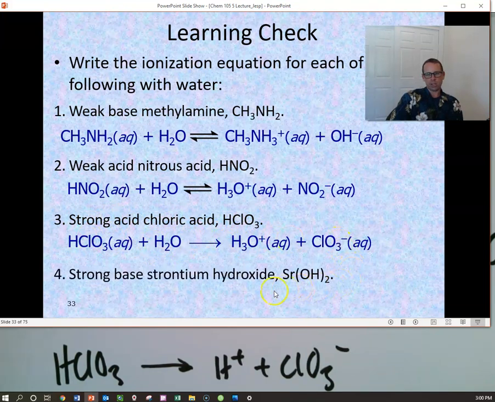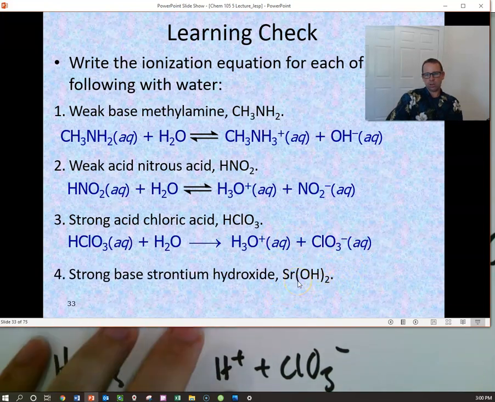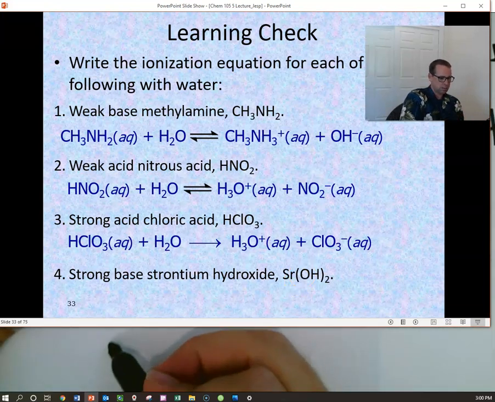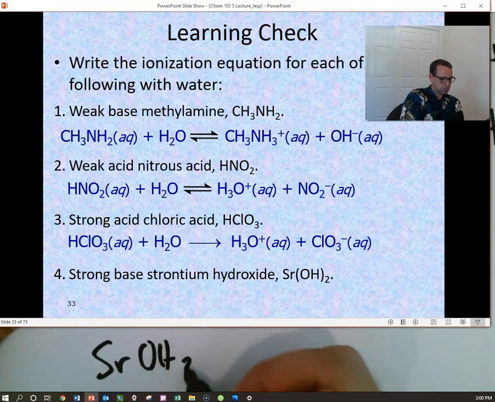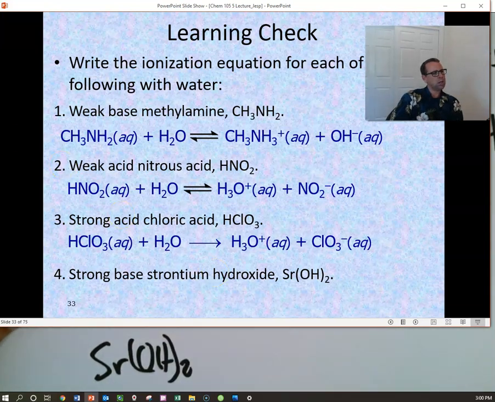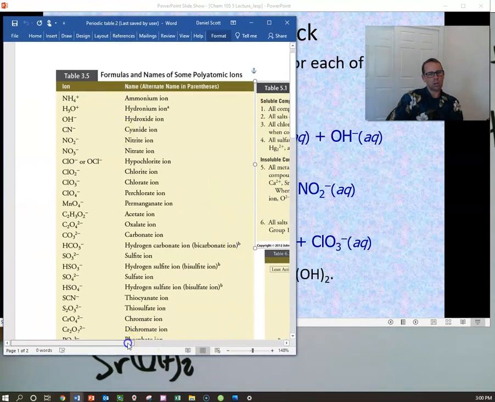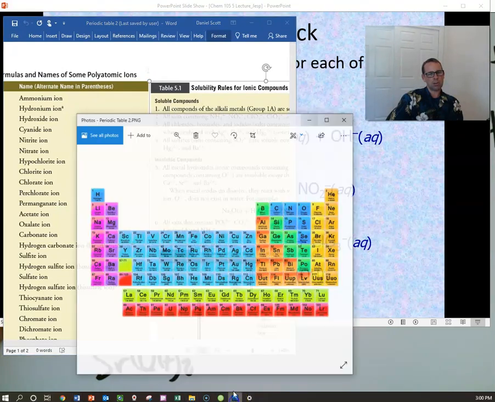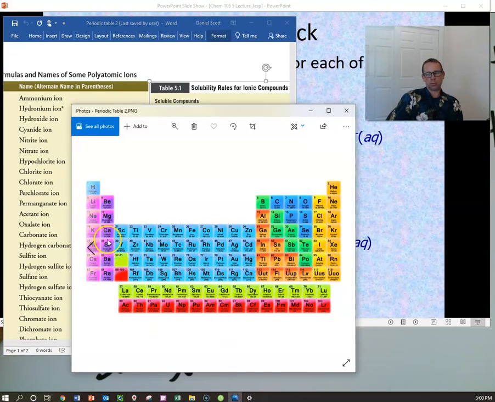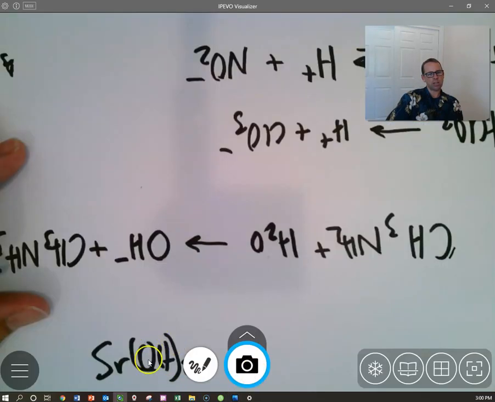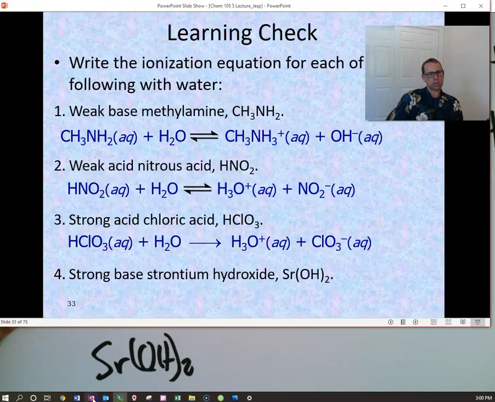Now, a strong base, strontium hydroxide, Sr(OH)2. Strontium hydroxide is just an ionic compound. And you can see on our periodic table, strontium has a plus 2 charge. And that's why there are 2 hydroxide ions with each strontium.